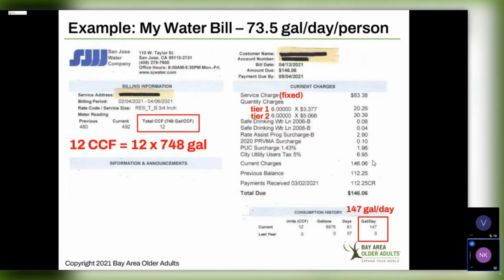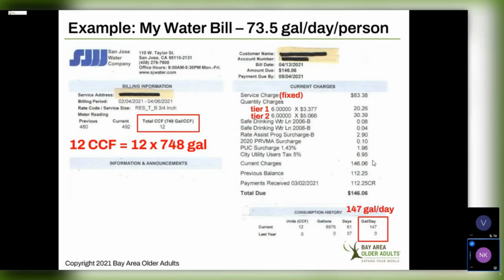The first tier is 4.5 cents for 10 gallons, and that rate is enough to meet your minimal basic needs. The second tier is a step up in price, 6.8 cents for 10 gallons. This pricing structure is to get us to conserve water.